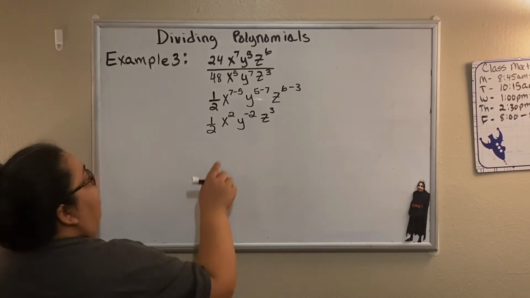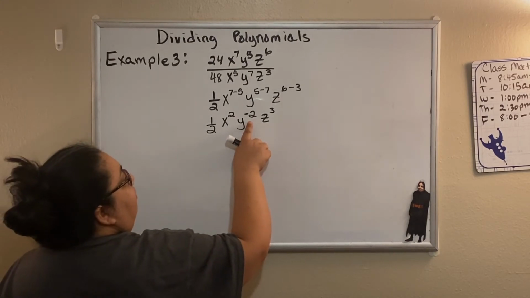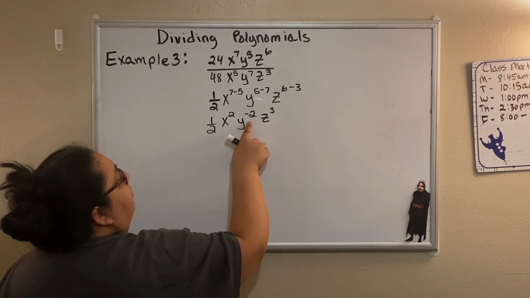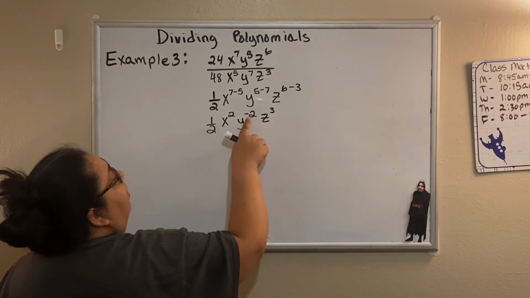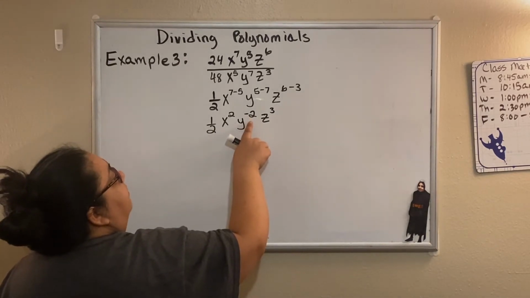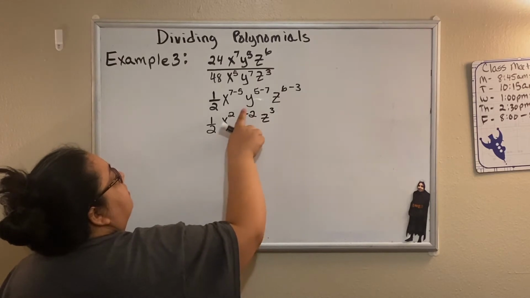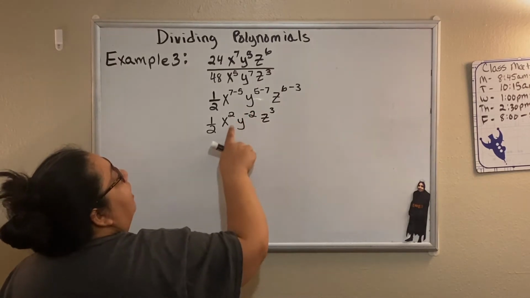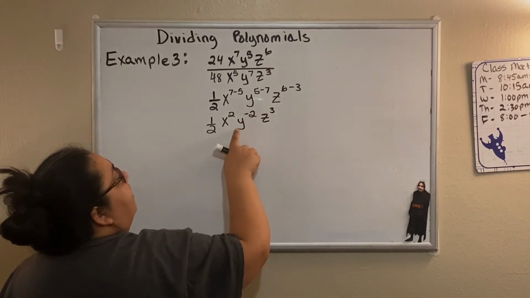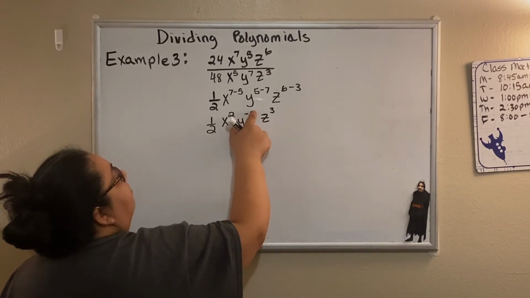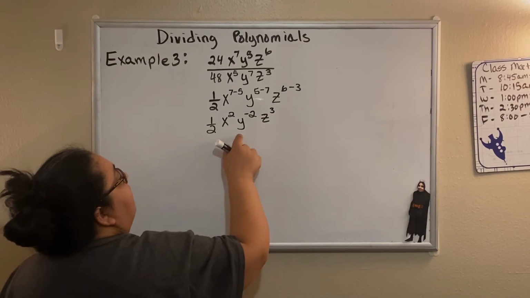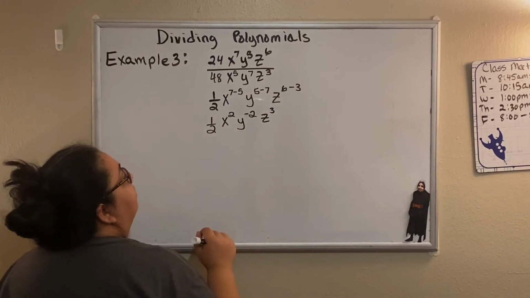Now, I have a negative exponent here. A polynomial can only have a positive exponent. So in order to make this a polynomial, it's got to be in another place. I can't have it in the numerator like that.